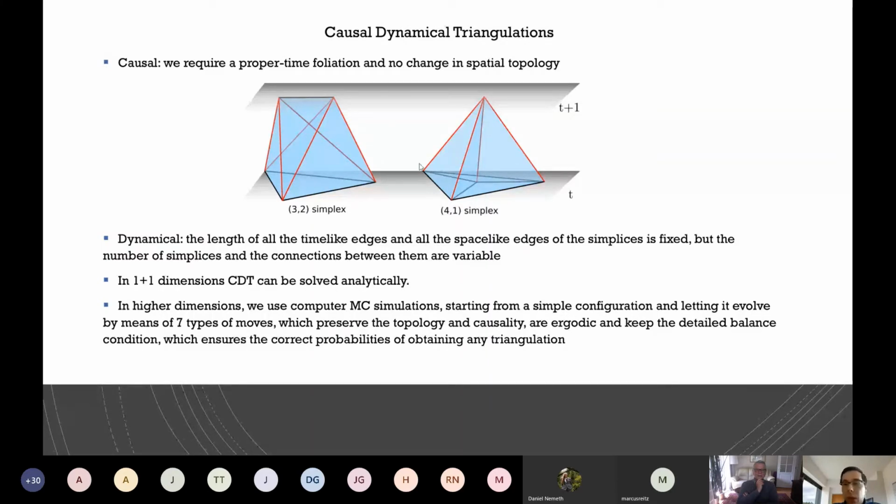We can either have four vertices on one time slice and one vertex on another time slice, or three vertices on one time slice and two vertices on another time slice. So these are 4-1 and 3-2 simplices.